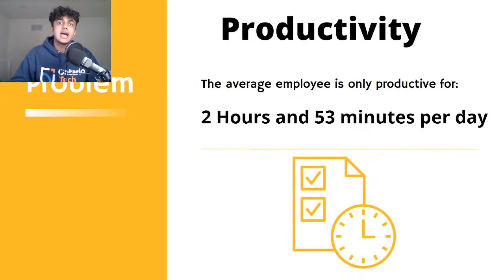So first we're going to highlight the problem, being productivity. The average employee is only productive for 2 hours and 53 minutes per day, which I think is crazy. If you have an 8 hour workday, only being productive for 2 hours and 53 minutes is not even half of the workday, and you're paying your employees for that.